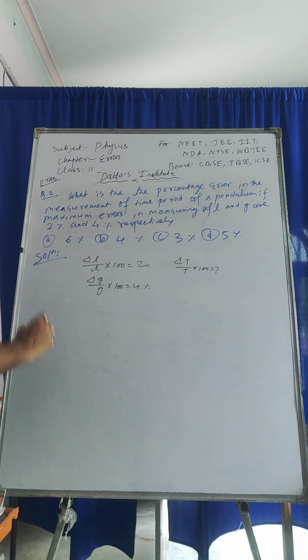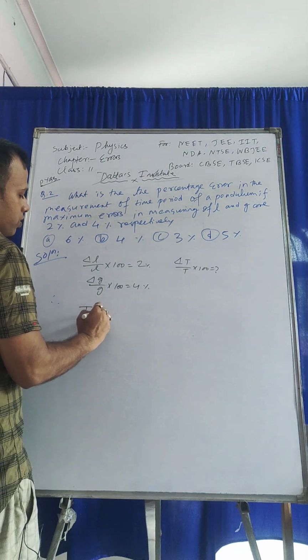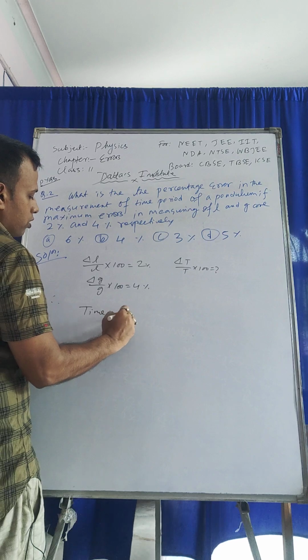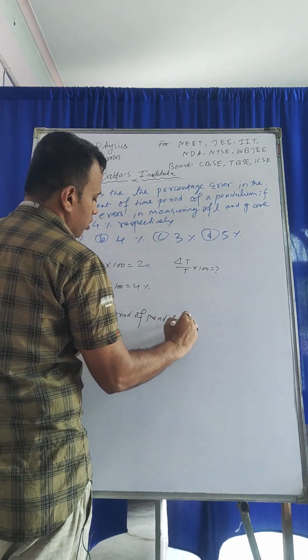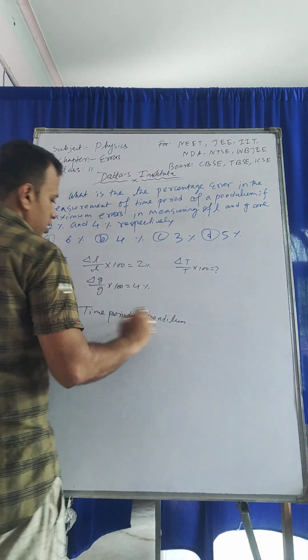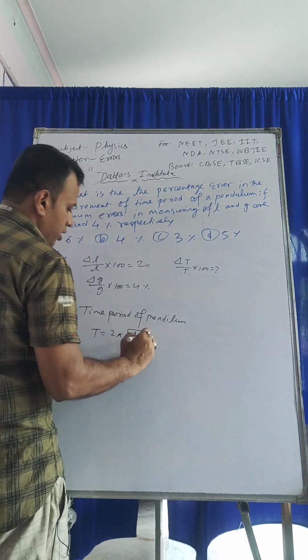Now look here, we know that the time period of a pendulum, all of you know this from class 9, is T equal to 2 pi root over L by g.